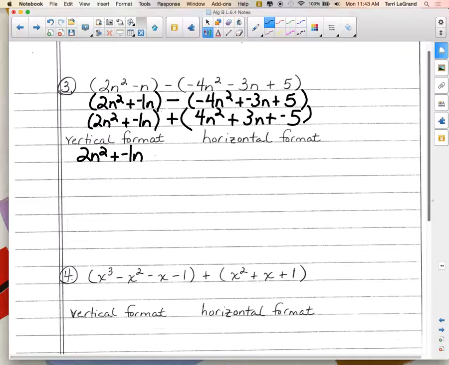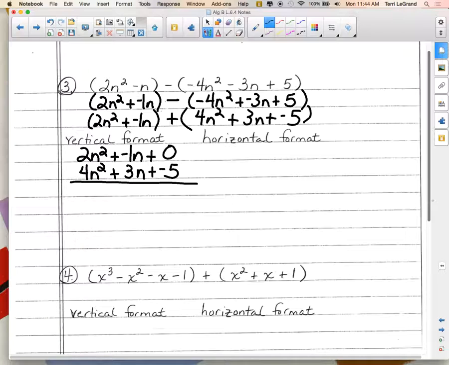Okay, so since it doesn't have that, we're going to put in there what's called a placeholder. We're going to put a +0 in here. When we're adding vertically, we need placeholders. Since it was missing the constant part of the trinomial, we have to put that placeholder in there. And now when we line up our other one underneath it, it has all 3 terms.